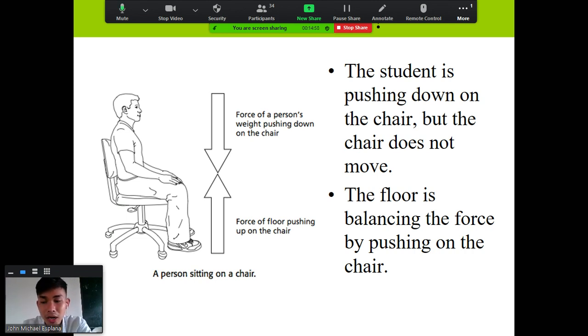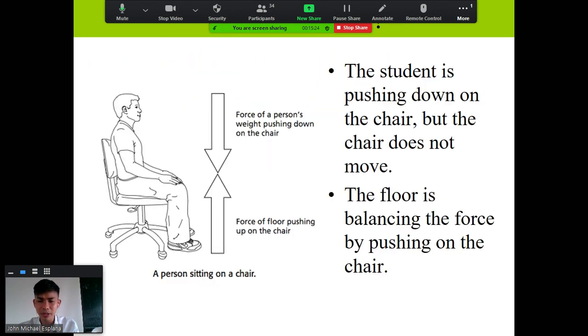The floor is also balancing the force by pushing on the chair. So dalawa. Number one, the student sitting on the chair pushes down just because of gravity. However, the floor will also act a force on the chair to balance the force of gravity.